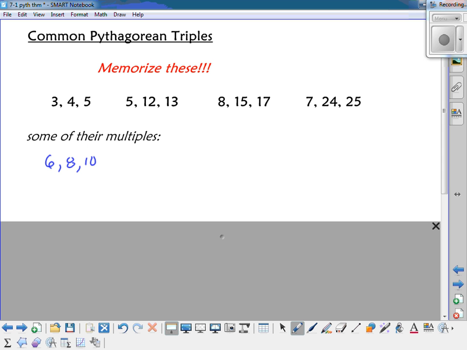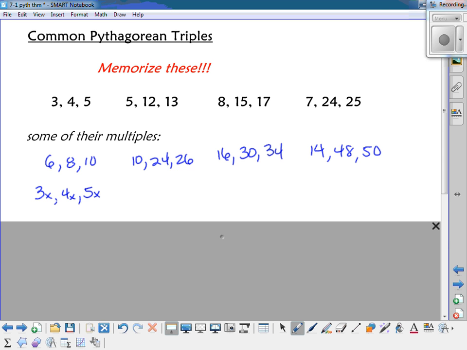Or you can multiply it by 3, by 4, etc. So basically any multiple of 3, 4, and 5 will give you another Pythagorean triple. And again, you could double the 5, 12, 13, and you'd have 10, 24, 26. That'll show up in problems sometimes. If you double 8, 15, 17, you'd get 16, 30, 34, or the one we just did, 14, 48, and 50. So obviously, you can multiply them by 3, by 4, by 5, but generally speaking, what you're going to be seeing is multiples of like 2 and 3.